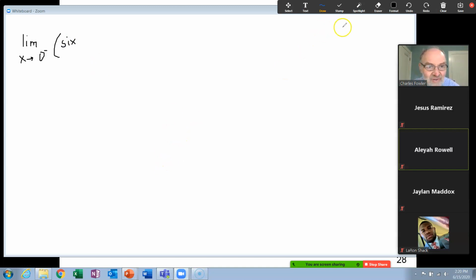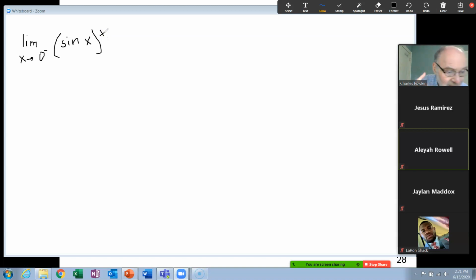Goodness gracious. Not only are the fingers getting tired, the brain's getting tired. Okay. And the eyes are tired, everything is. Sine of x raised to the x. That's the problem.